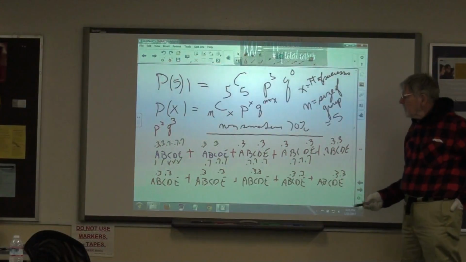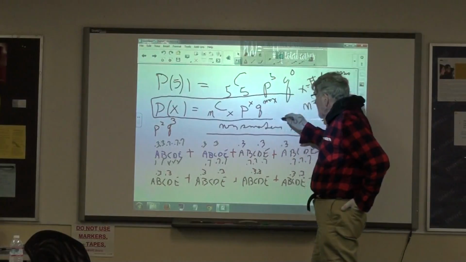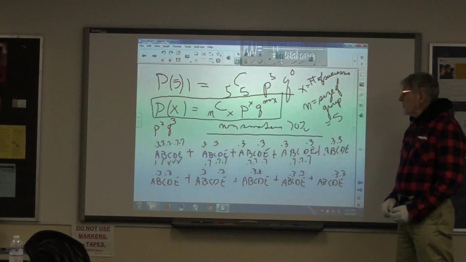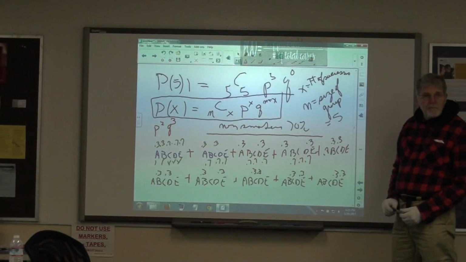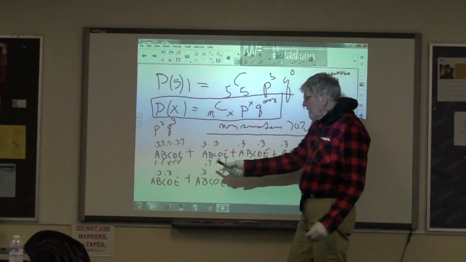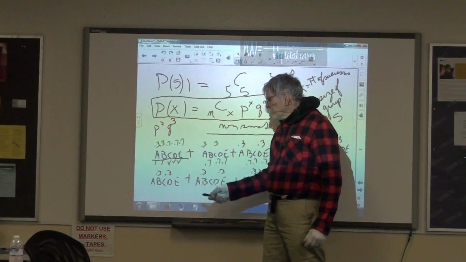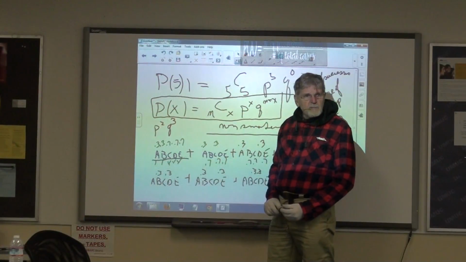So you see this generalized formula, P of x equals C n x, p to the x, q to the n minus x, holds for all values of x from 0 up to n. Why from 0 up to n? Because n is the size of your trial. And you can have either 0 successes or total success.